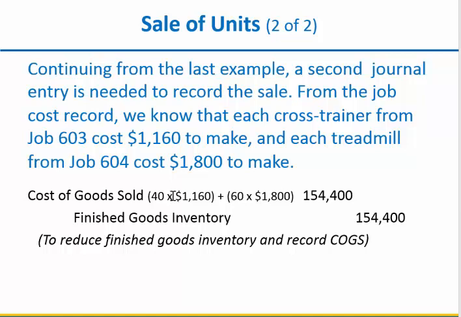Together the CGS is 154,400. So you are going to recognize CGS, and also you're going to move the products from the finished goods inventory warehouse to deliver them to the customers. Therefore you have to reduce the finished goods inventory by that amount, and recognize the CGS in your income statement, so that with the sales revenue recognized and the CGS recorded, you can figure out what the profit margin is.